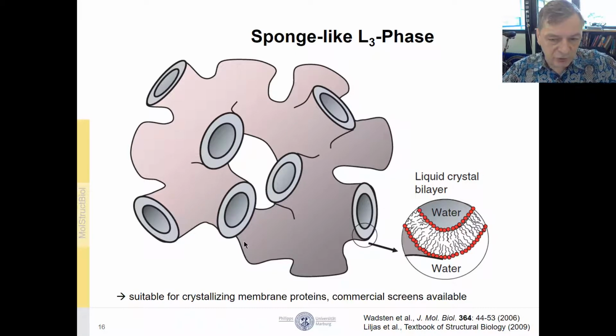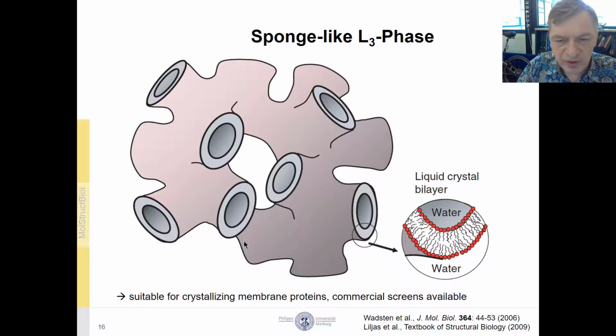For crystallization of membrane proteins, we can now use this kind of cubic lipidic phases. We just have to see that we somehow incorporate the membrane protein into these cubic phases, which is a method that can be relatively easily adopted in the lab.